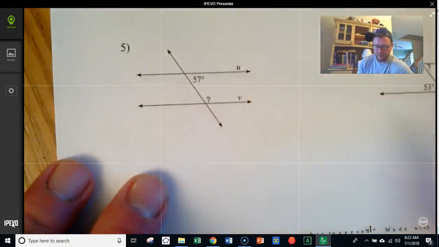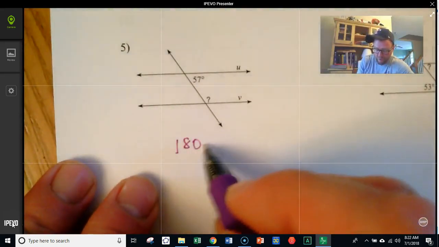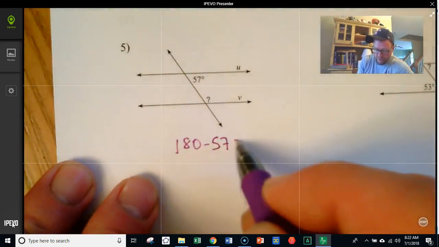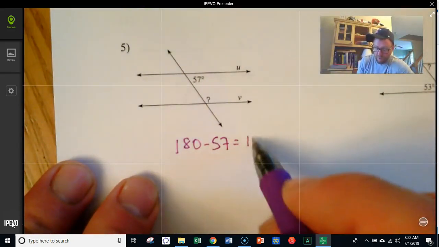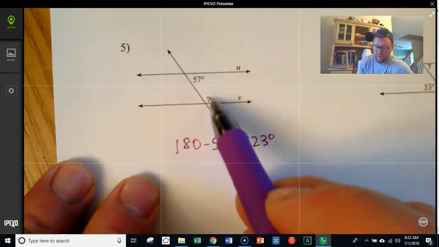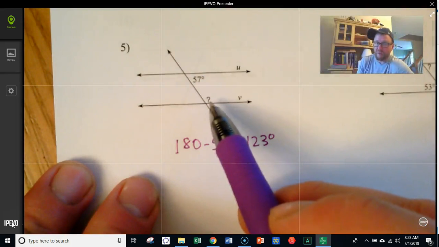Okay. Here, same side of the transversal in between the parallel lines. So 180 take away 57 is 123. So if this angle is 123 degrees, then these same side interior angles will be supplementary.